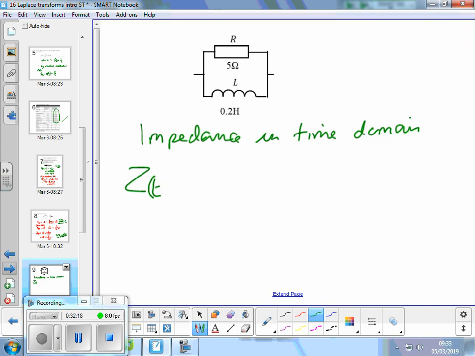Z(t) is equal to... We need to write it all in one go. We can't do it separately. We've only got a parallel circuit anyway.